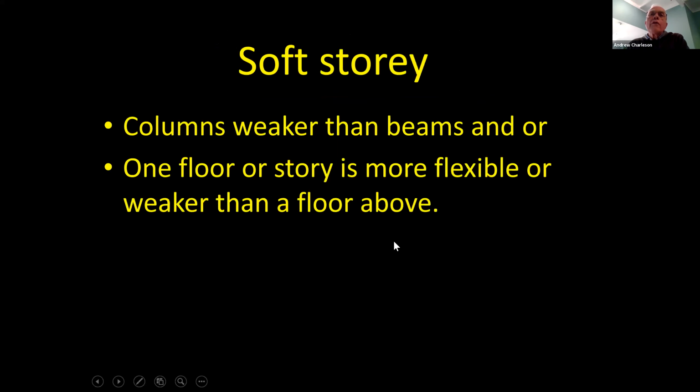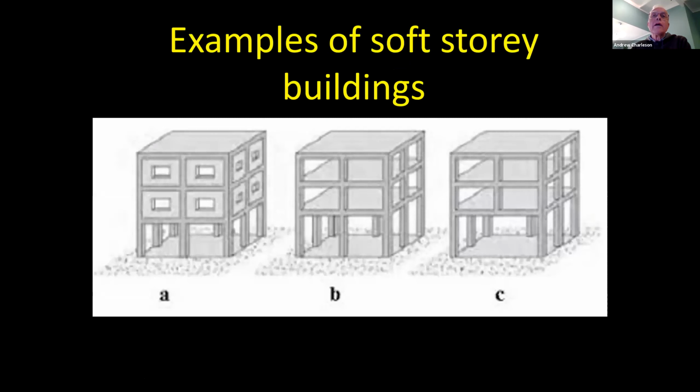So the definition of a soft story is where your columns are weaker than the beams if you're using moment frames, and or where one floor or story of your building is more flexible or weaker than a floor above. That will generate a dangerous soft story.